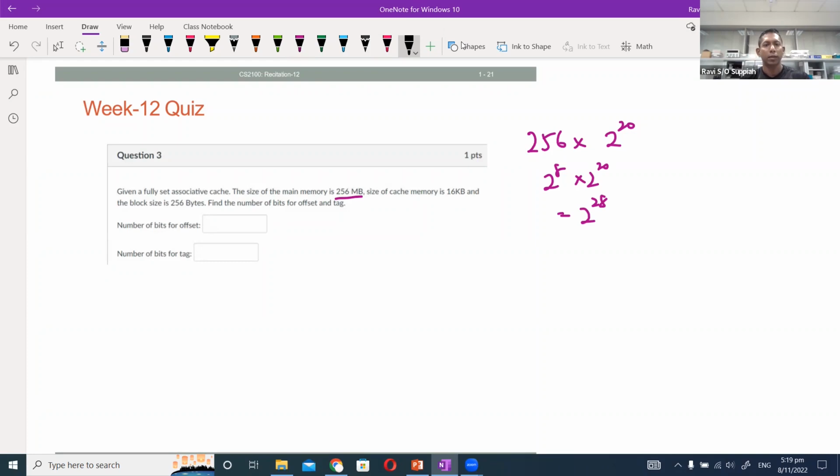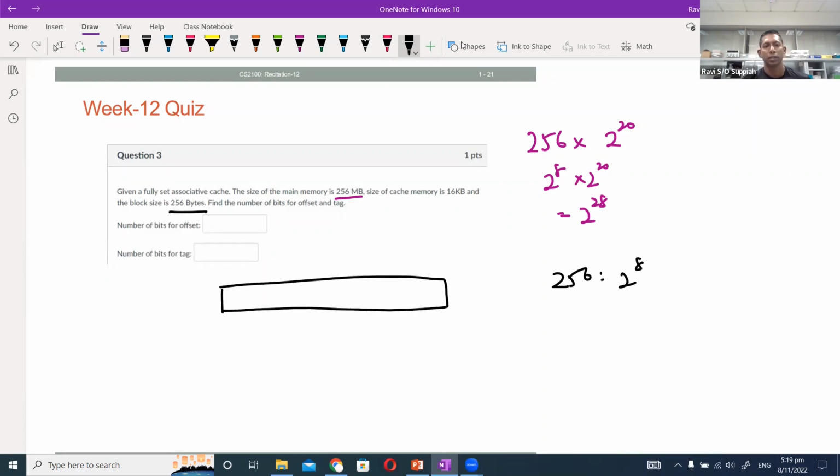The cache memory is 16 kilobyte and the block size is 256. If the block size is 256, that means it is 2 to the power of 8. So 8 bits is set aside for the, sorry, not tag, offset.